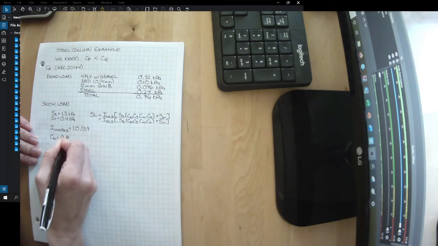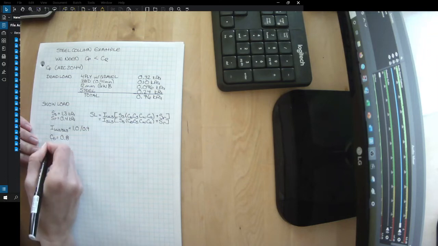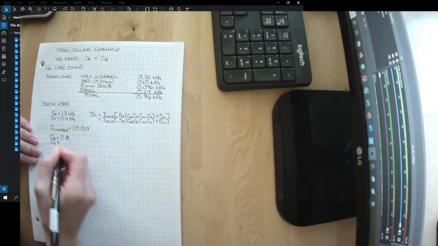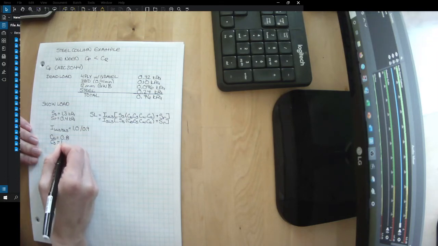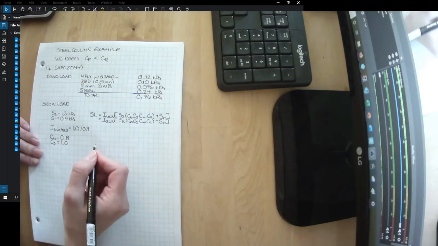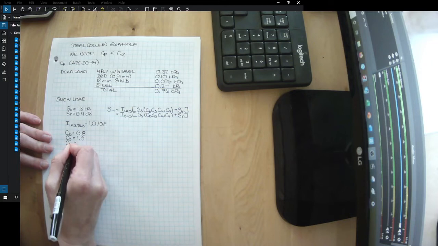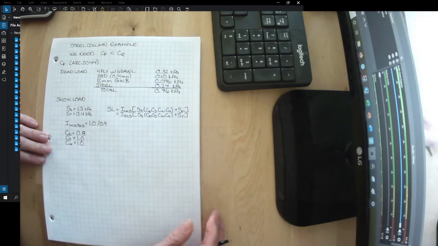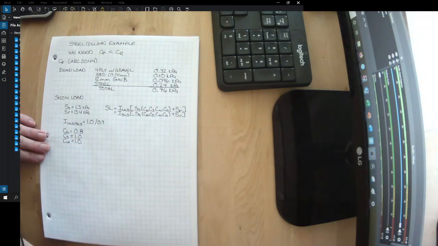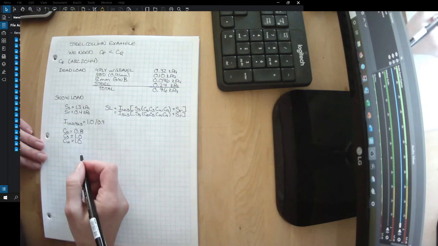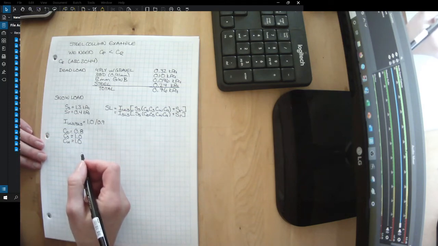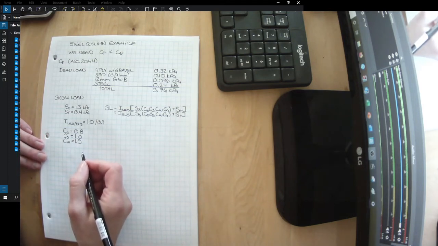CB is always 0.8. CS is about the slope. They haven't said anything about it being sloped, so if it's flat, it's 1. Our wind factor, there's no reason to think we could possibly reduce this. I said that it's almost impossible to be able to reduce the factor for wind by exposure.